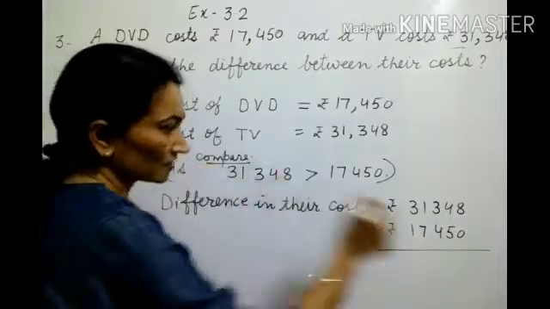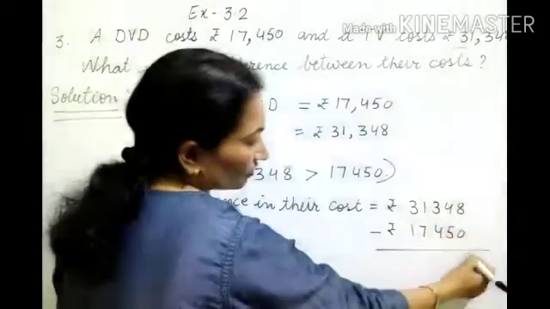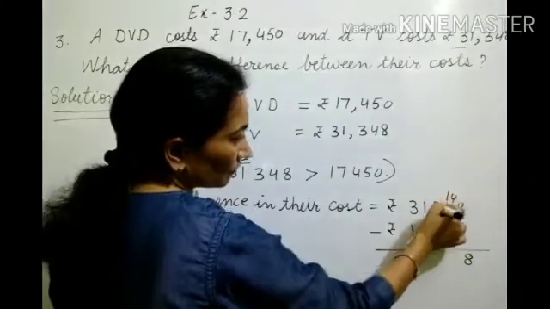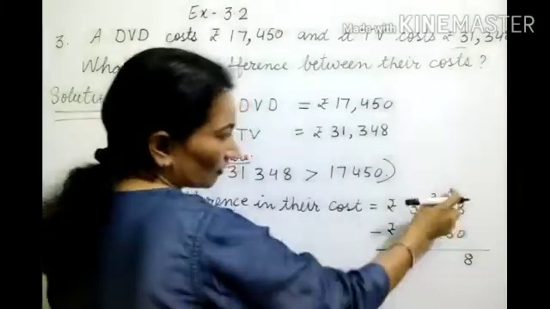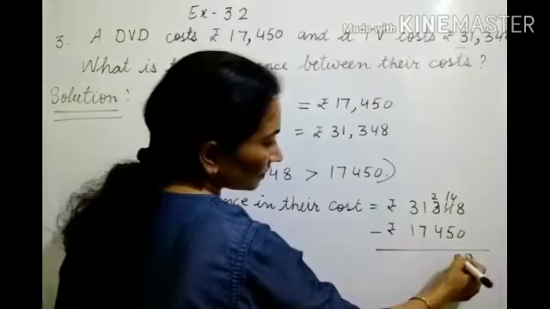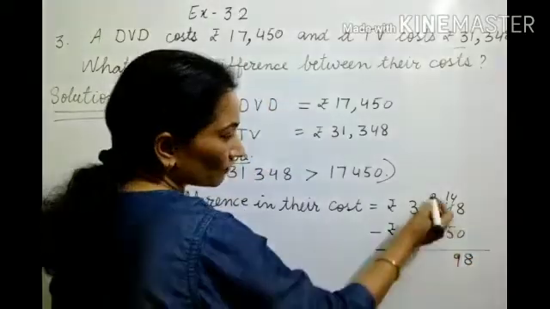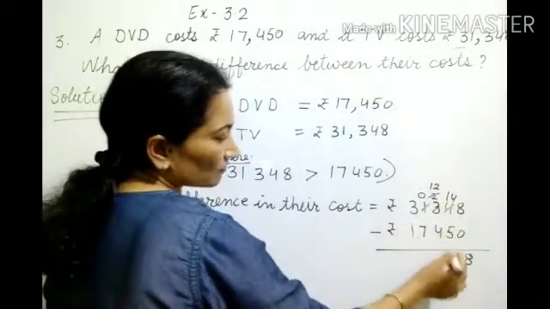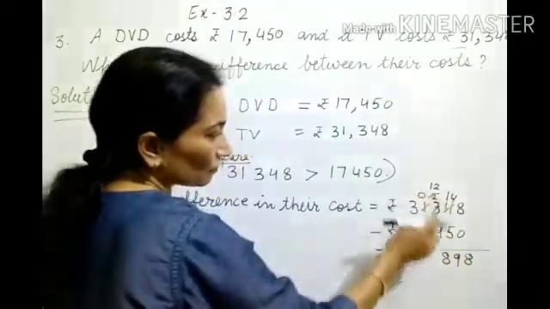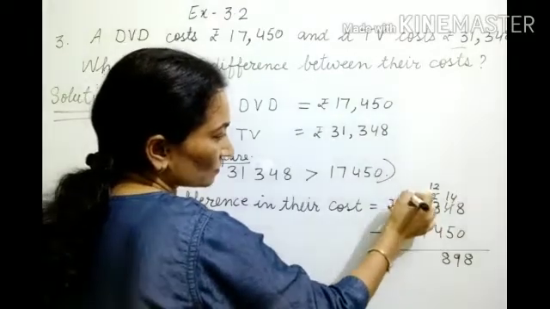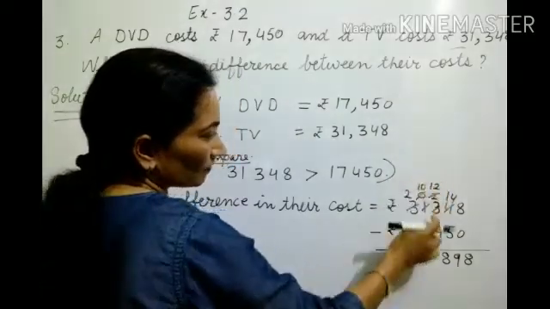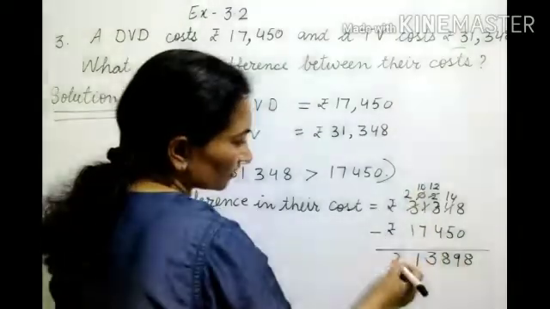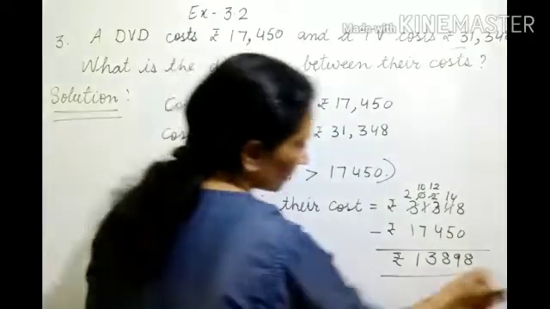You will now subtract 8 minus 0, 8. 4 minus 5, we cannot do, so 4 will take borrow from 3. Now 14 minus 5, 9. 2 minus 4, we cannot do, it will again take borrow. 12 minus 4, 8. Now 0 minus 7, we cannot do, so we will take borrow. 10 minus 7, 3. 2 minus 1 is 1, and rupees is our unit.